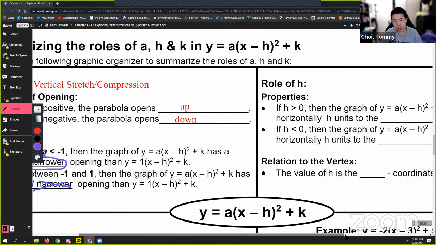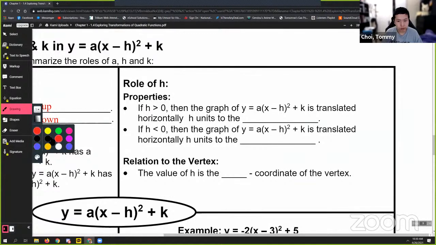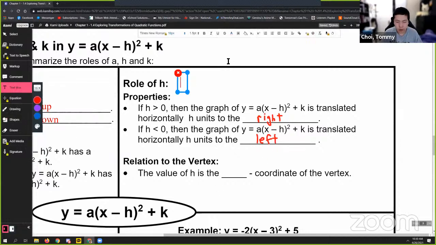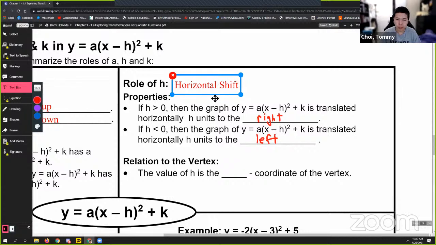Then we talked about the role of H. If H is positive, then it moves to the right. If H is negative, then it moves to the left. We call this a horizontal shift. So the mathematical term is horizontal shift, shifting to the left, shifting to the right.